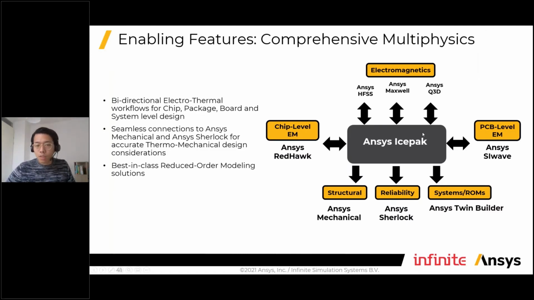Now, iSpec being a very powerful CFD solver, helping you to solve all kinds of thermal issues, it also has a very good connection with all different types of tools. It consumes the thermal network from the chip level.